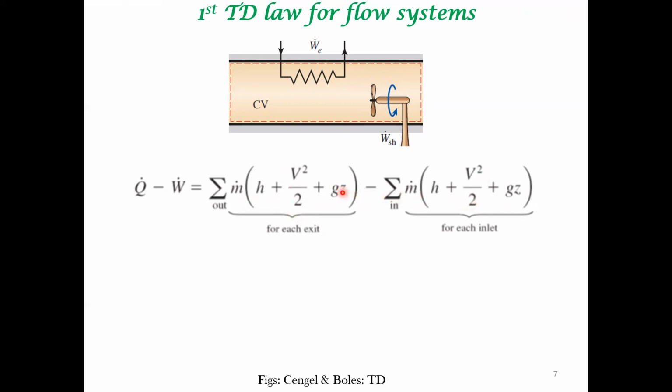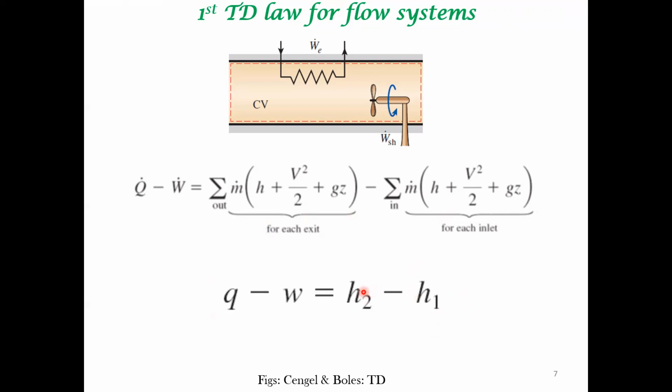The same thing applies to this term: there is not much change in potential energy of the center of mass. So these can be neglected. These two terms, the differences between them, can be neglected. So a simplification that is often used for analyzing flow systems is this kind of an expression.